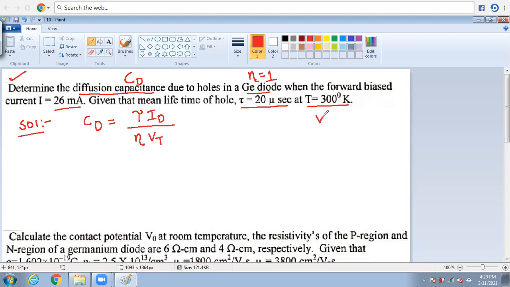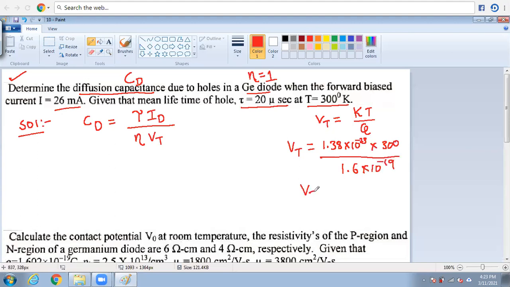VT can be written as KT by Q, where K is Boltzmann's constant, T is temperature, and Q is charge. K equals 1.38 into 10 to the power of minus 23, into 300, by charge 1.6 into 10 to the power of minus 19. Doing some calculation, you get 26 millivolts.